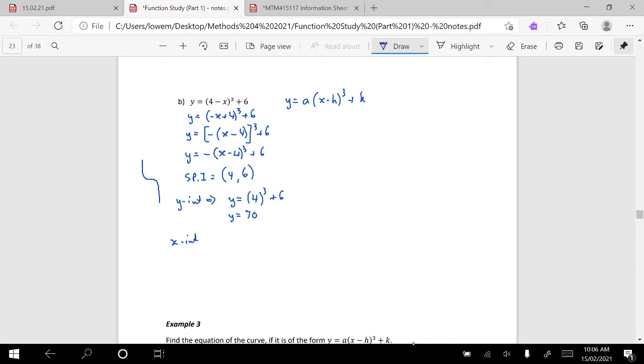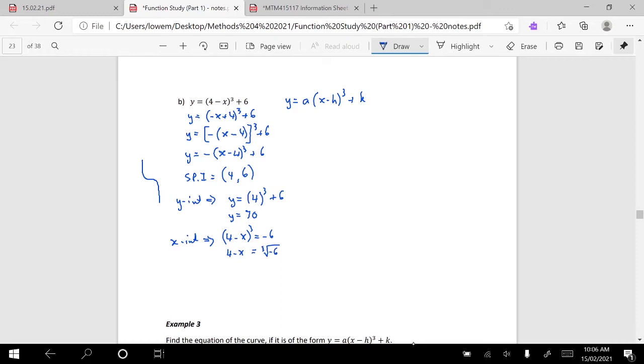okay, so then we have y equal to 0, so if I make our 6 negative, we've got 4 minus x cubed equals negative 6. Take the cube root, so we have 4 minus x equals the cube root of negative 6, which is not a nice number.